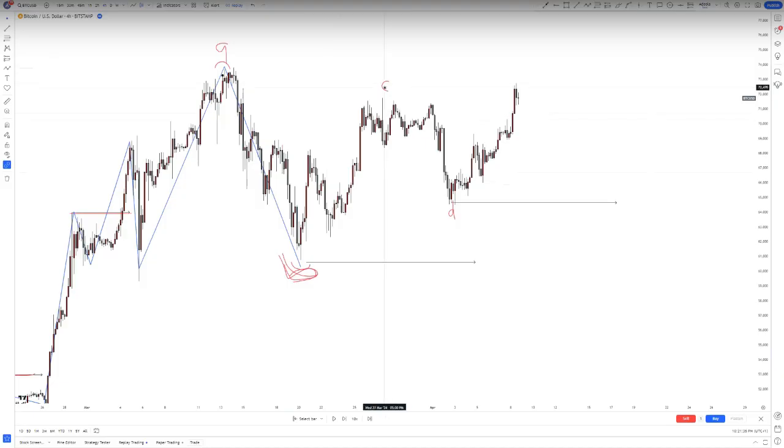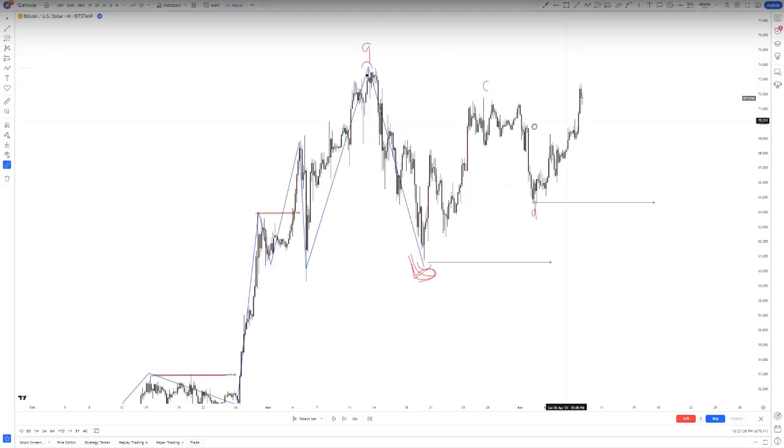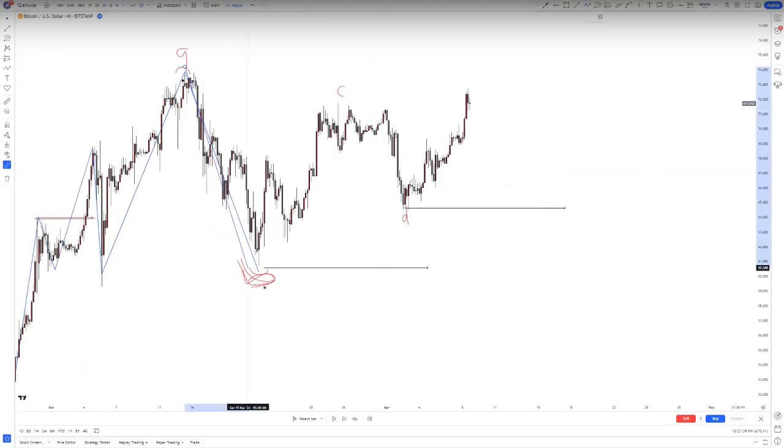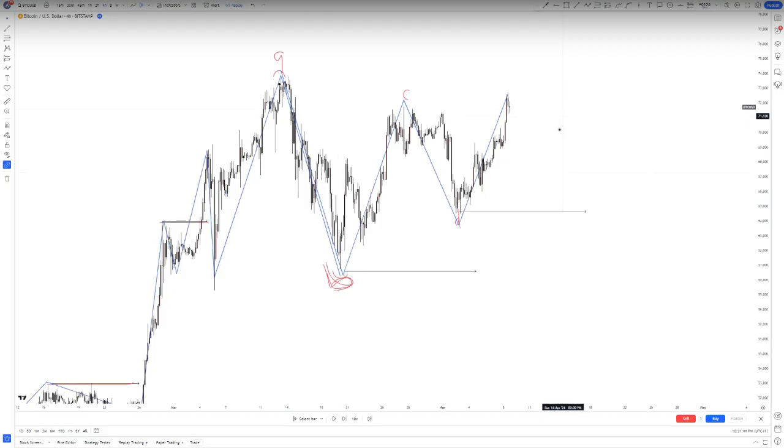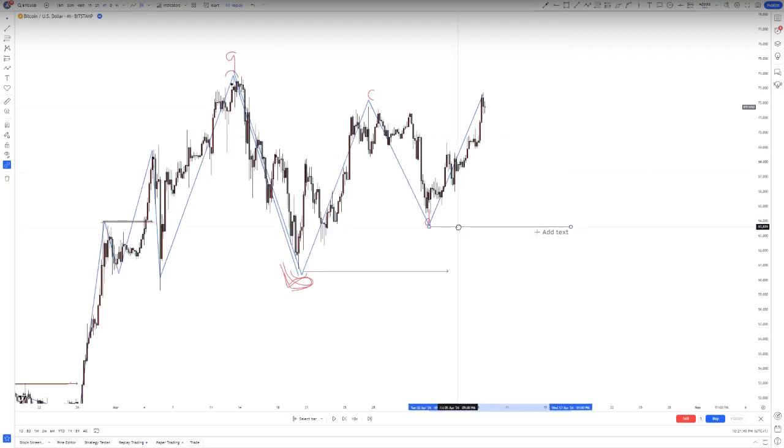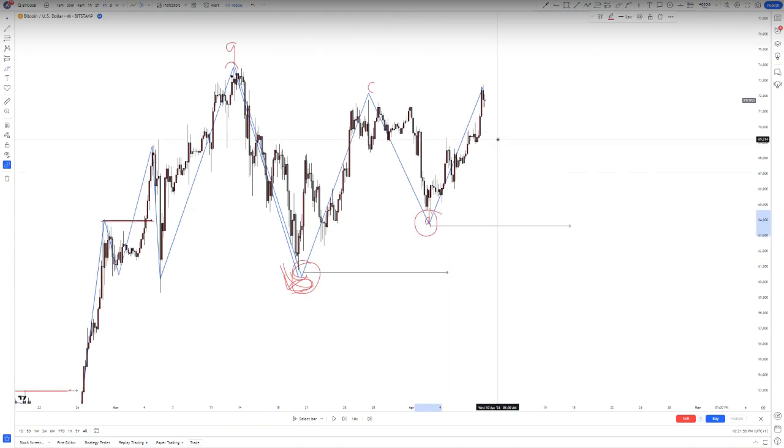Now, from point C to point B, we have this. So A, B, C, D. We push it. So our expectation is for price to break. So this low here, I mean this B and this D, they are still at risk.